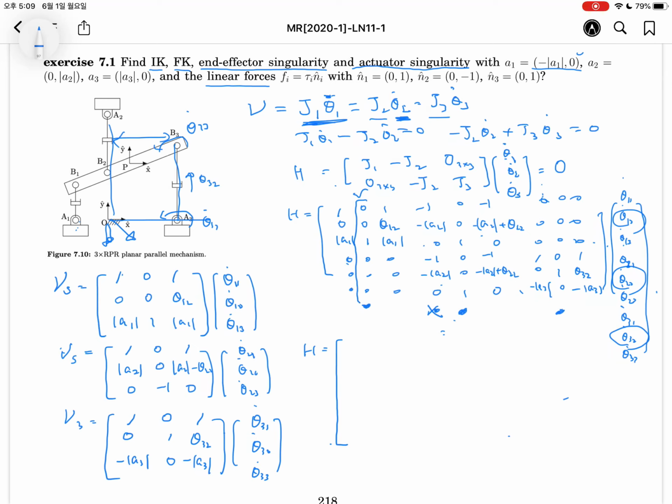Active part, this is the active 0, 0, 1, 0, 0, 0. Active here, one more. Okay, 0, 0, 1, 0, 0, 1. Okay, this is the active 0, 0, 0, 0, 1, 0.